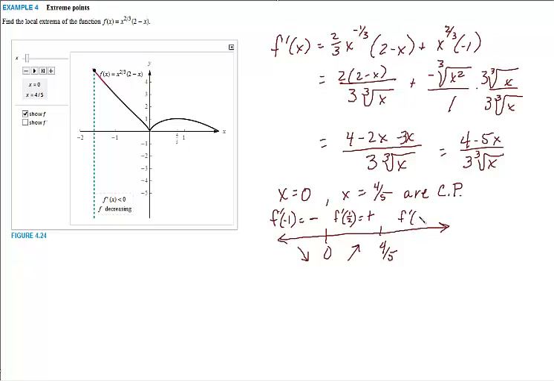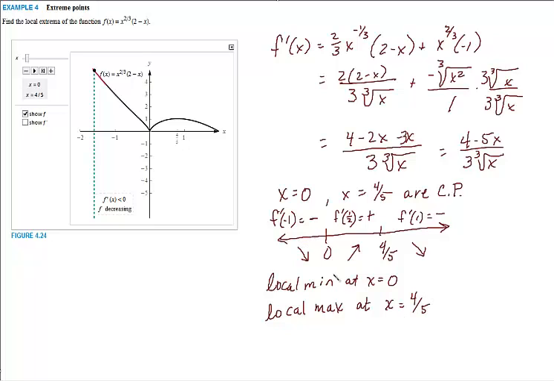F prime at, I'll choose a 1. That's a negative, that's a positive. This will be a negative. It will be decreasing. Looks like I have a local min at x equal 0, and I have a local max at x equal 4/5.